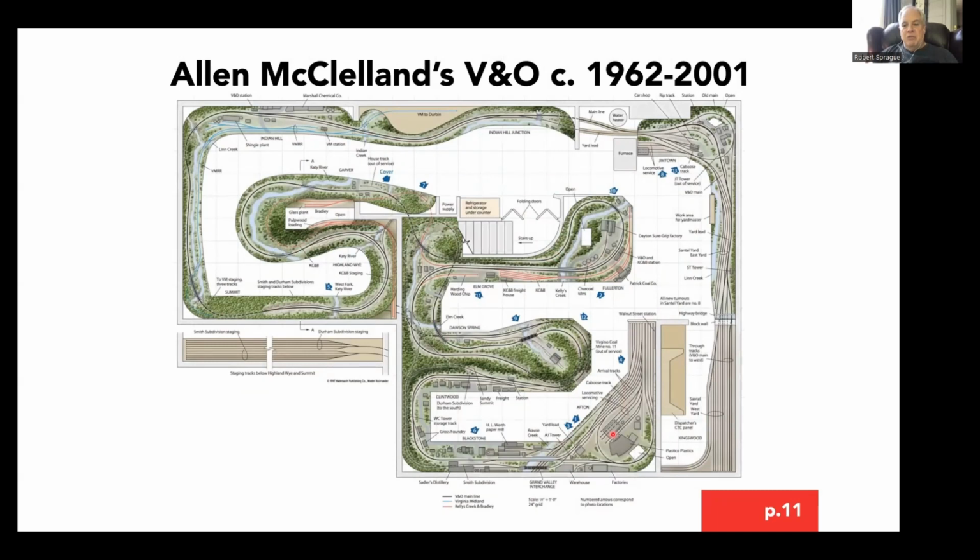But this was really opening up for operations even more, and we can see what we would call more of a linear plan that we're used to seeing these days, starting with staging on one end, proceeding in a very consistent direction around, from lobe to lobe here, and winding up at a distant terminal over here. More room for operators. I think these squares are 2 feet wide, so there's much more space for people to get around and do the operations that we like to do these days.